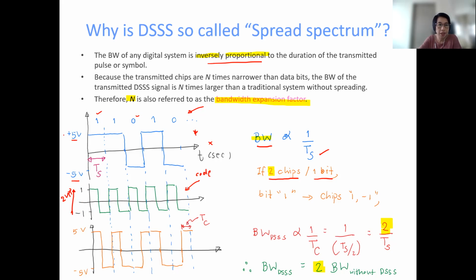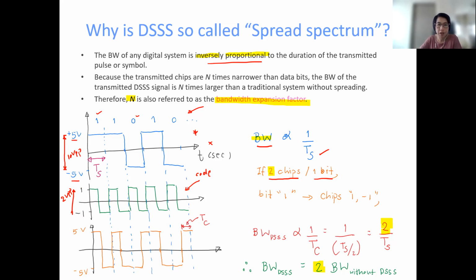In the same manner, the data sequence is 10 volt peak to peak as well, with 5 volt for bit 1 and minus 5 volt representing bit 0. Okay, come back.